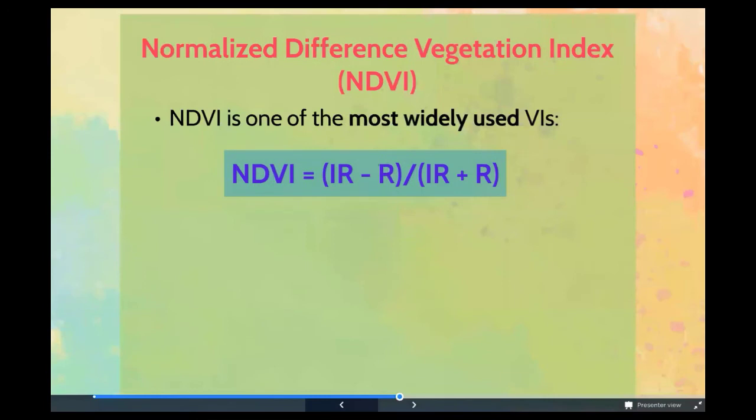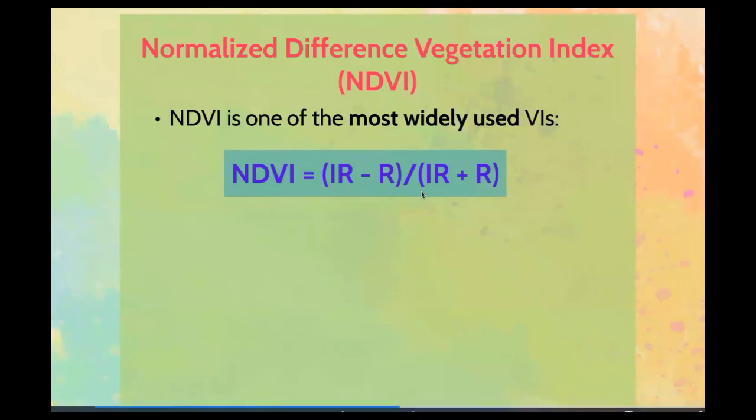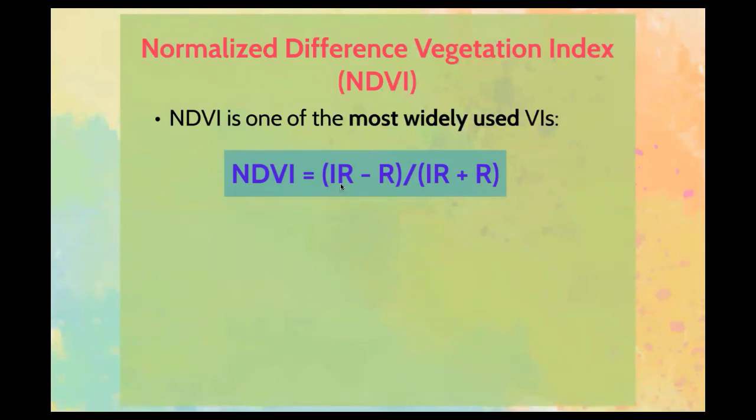So NDVI refers to the normalized difference vegetation index, and usually you can just go with NDVI. However, if you're writing a paper, the first time you mention NDVI, you want to spell it out. So this is the formula. You first of all do a subtraction between your IR and R, so your infrared and red band, and then that is divided by the sum of the two.